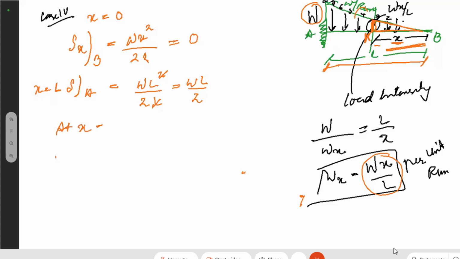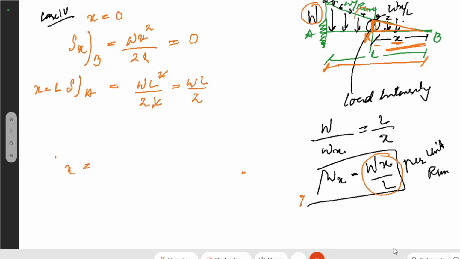Here again, at x equal to 0, your moment at x will simply be equal to 0. And at x equal to L, or before that I have to calculate the value of the moment at x. I guess I have not calculated the value of the moment initially.